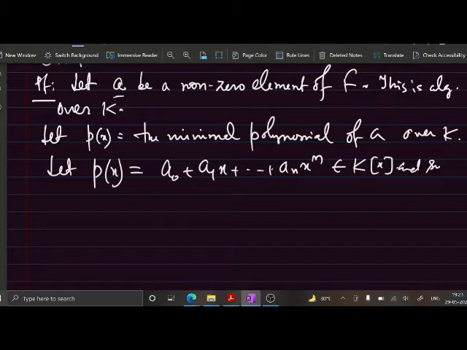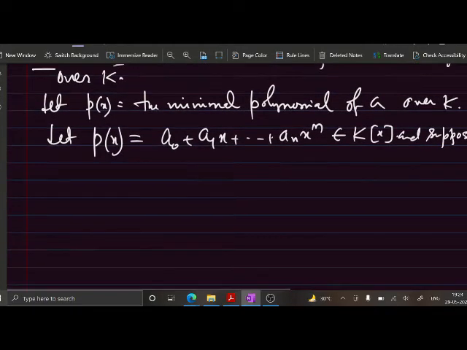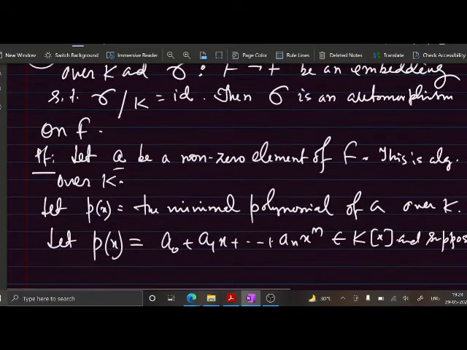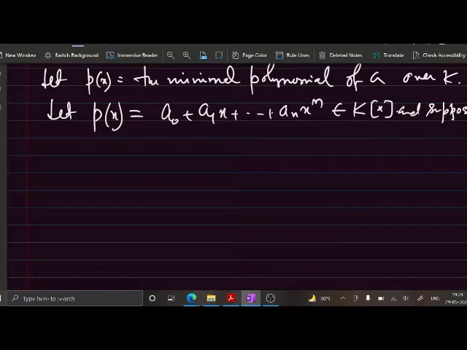And suppose that apart from this root a, p(x) has m many other roots in the field F. Let us denote them a = b1, and after that b2, ..., bm. So these are all elements of F.